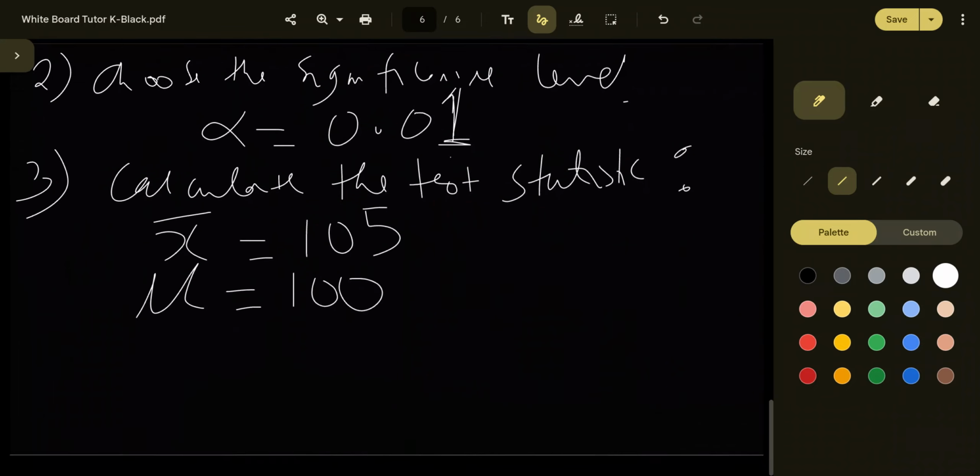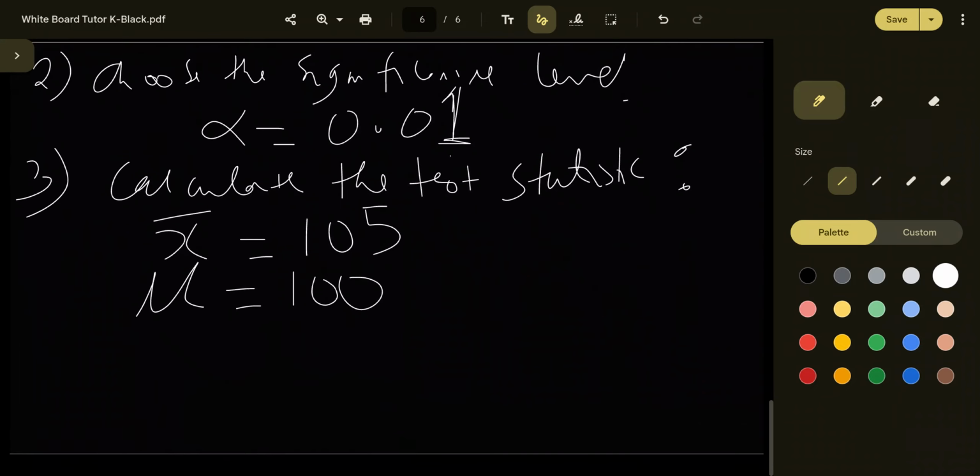So 105 represents the sample mean, and mu, which is 100, represents the population mean. Then we look at the standard deviation, which we are told is 10.